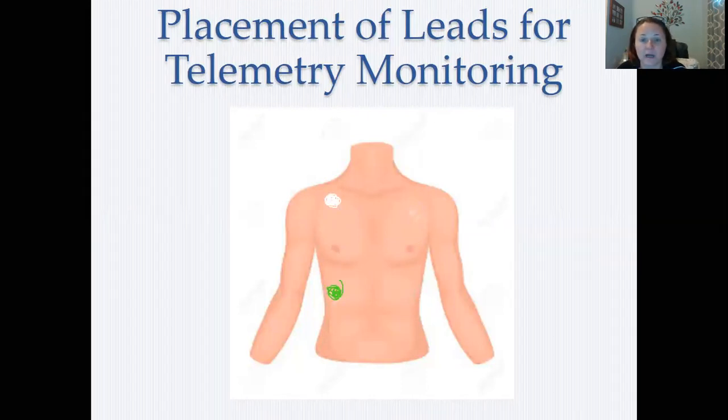So for the left side, we're going to do smoke over fire. So black goes up top, red goes down below. And then what we've got left is brown, and brown goes in the middle. So that's it. So that's how you place them.